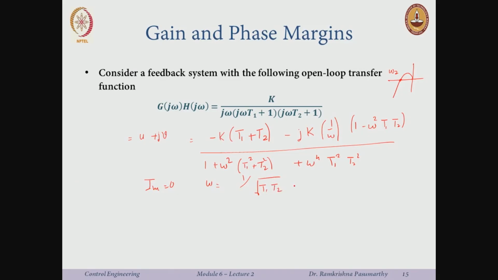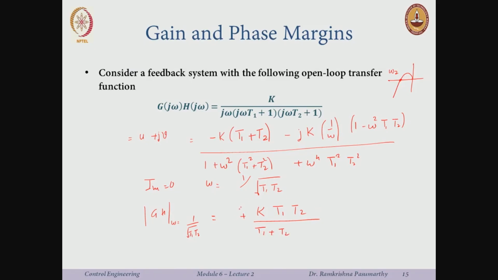So this is omega 2, and at this frequency the value is minus k T1 T2 over T1 plus T2. If I just take the magnitude, the minus will go away.